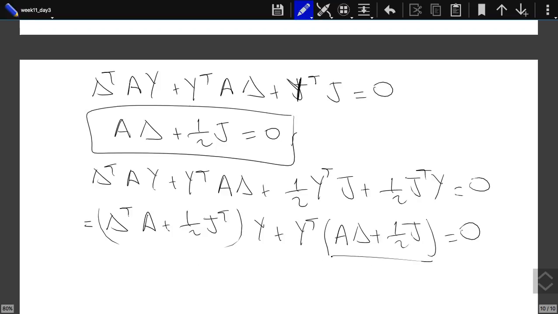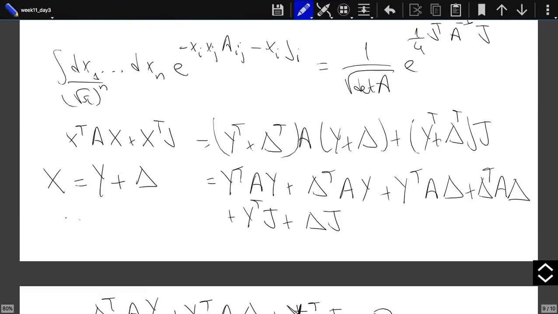This one and this one are just the transposes of each other. Remember, A is symmetric. So if one is 0, the other one is also 0. So delta should be equal to minus 1 over 2 A inverse J.